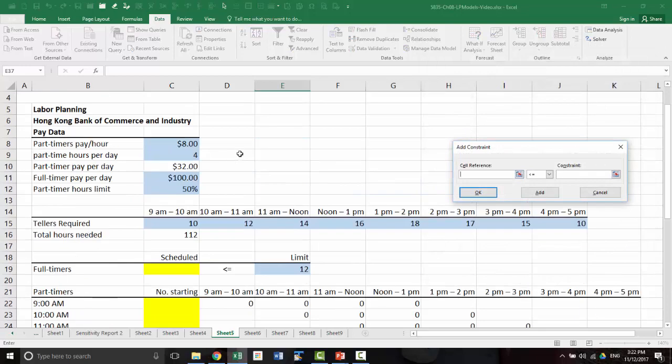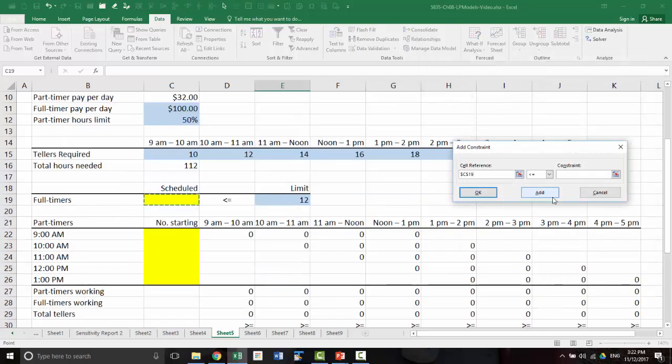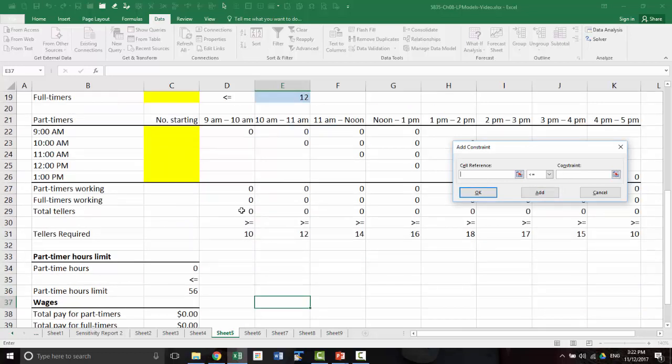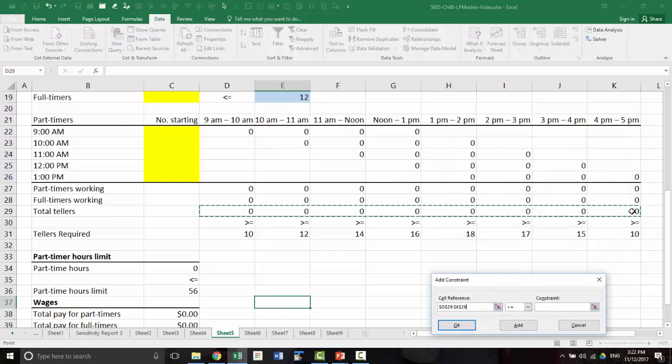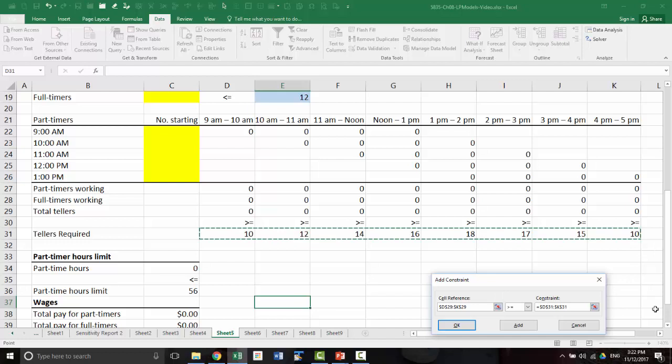The constraints are: scheduled full-timers must be less than or equal to the limit, so that's 1. And then total tellers must be greater than or equal to tellers required, add that, and then the part-time hours constraint.